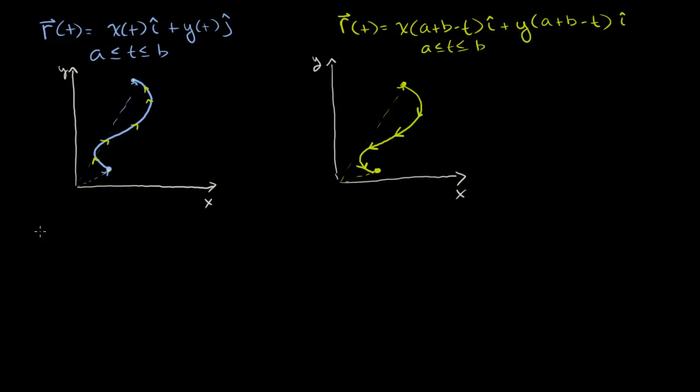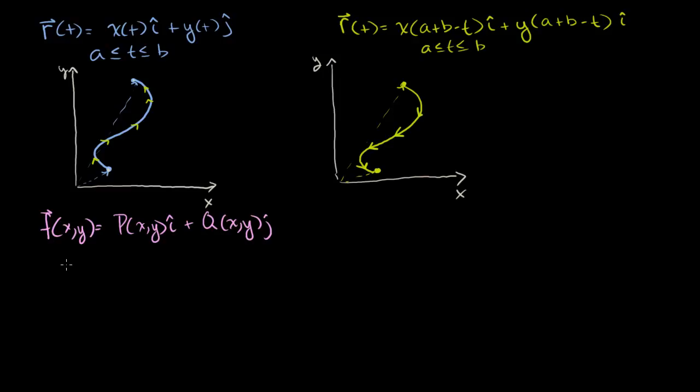So what we're going to do in this video is to see what happens if I have some vector field. Let's say I have some vector field F of x, y equals P of x, y i plus Q of x, y j. This is just a vector field over the xy plane.